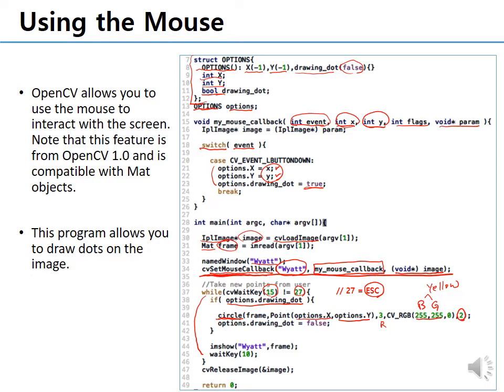So they show imshow the frame. They show the result, and waitKey 10. When we press the escape button, they stop doing this. And cvReleaseImage, so we can finally release.